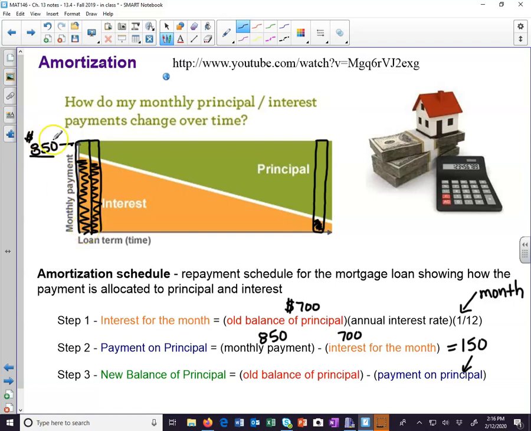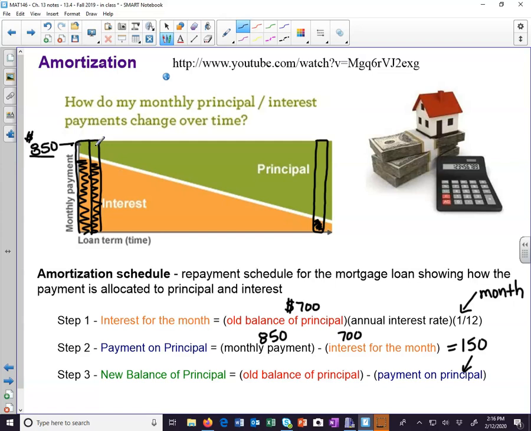So you may have $850 as your monthly payment, but $700 may go toward just interest, and the leftover $150 would go to your principal. So that's also something to think about when you have just bought a home: after a year or 2 or 3, you still haven't paid a lot of money towards the principal.